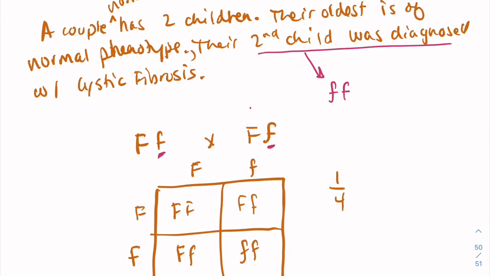It's just that each of you has a dominant allele that keeps you healthy. They say, but our oldest child doesn't have the disease. Well, there was a 3 in 4 chance that they'd have a normally developing child.